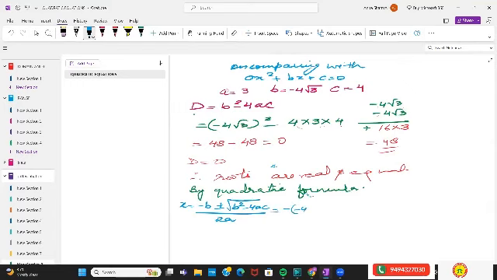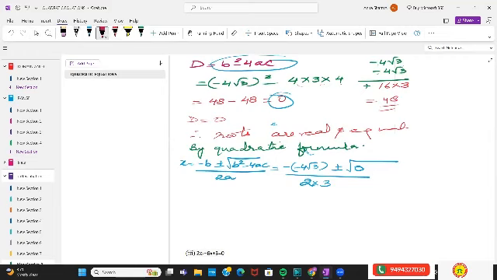Minus is already there, minus 4 root 3 plus minus under root b square minus 4ac. This discriminant you have already evaluated, so it is equal to 0. You will write 0 divided by 2 into value of a is 3. Just write here 3. Clear, beta?